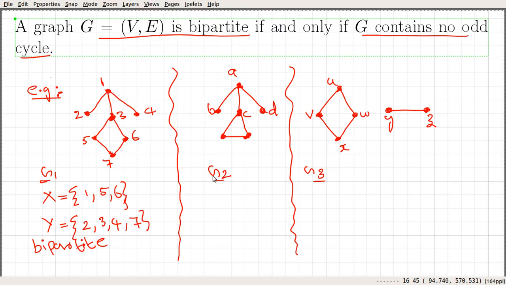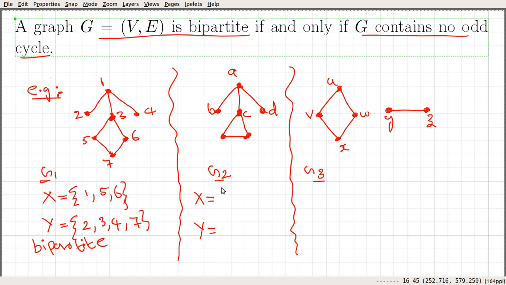So let's look into G2. Here we have this odd cycle, and let's see what is going to happen. Let's try to prove that this is bipartite; again, we will fail in that process. If it is bipartite, then we should be able to partition the vertex set into two sets x and y.